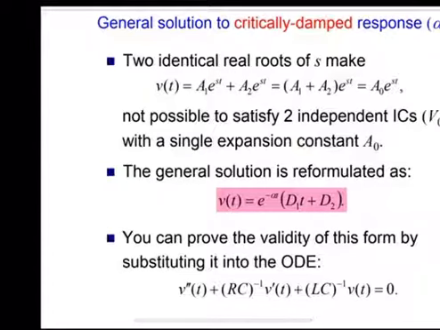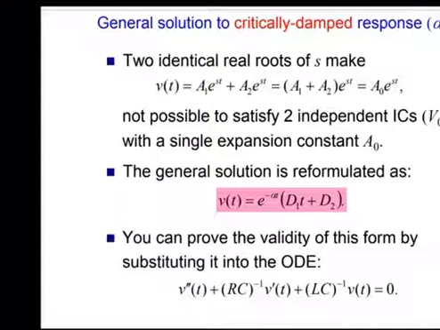Now let's look at the critically damped response, where alpha equals omega naught. The two identical real roots of S would make A1 e to the power S1 t plus A2 e to the power S2 t, but this is not possible. So the general solution is reformulated as V(t) equals e to the power of minus alpha t times (D1 t plus D2).